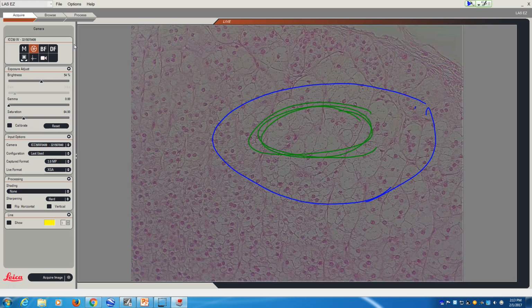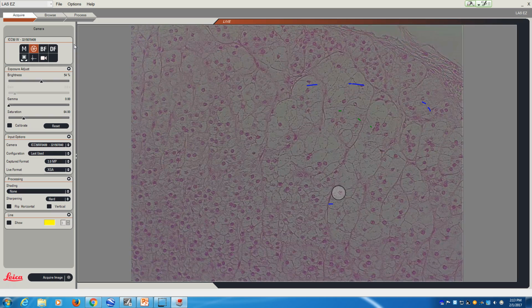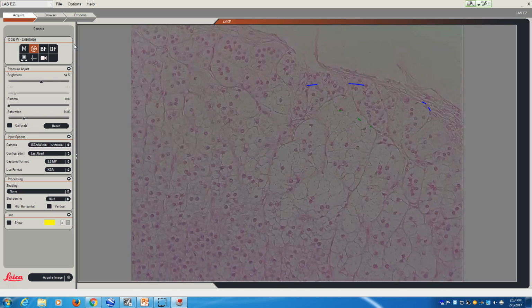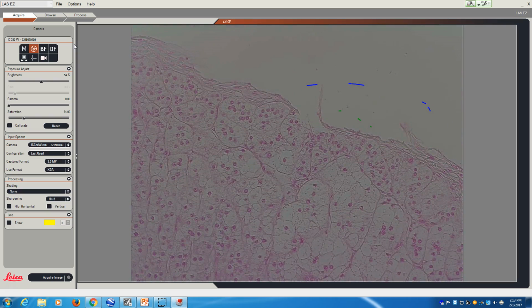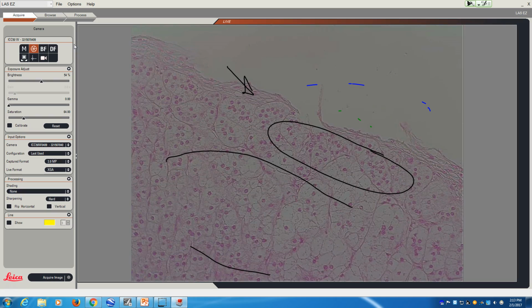Let me erase my drawing here. Adrenal has quite a characteristic appearance. This is 200 magnification. You can see the capsule, and you can see zona glomerulosa, and then kind of, sort of, zona fasciculata, and zona reticularis is deeper.